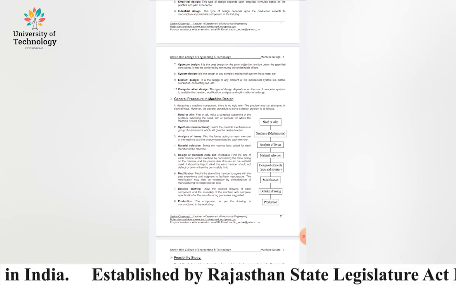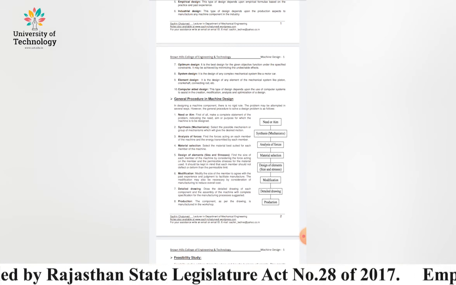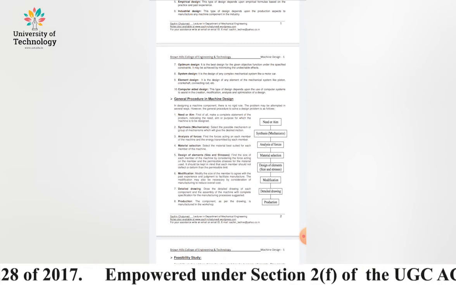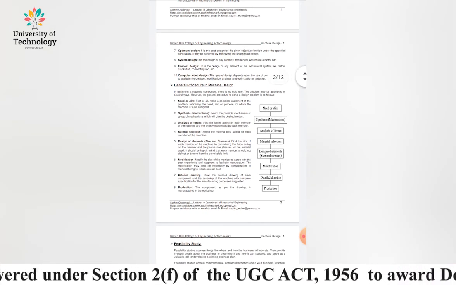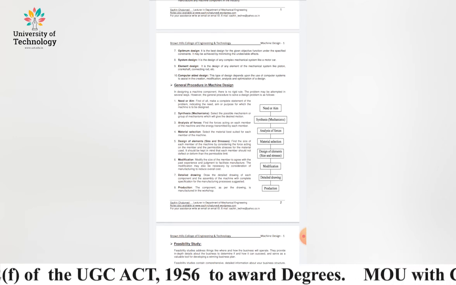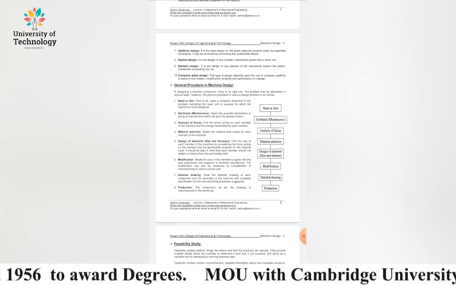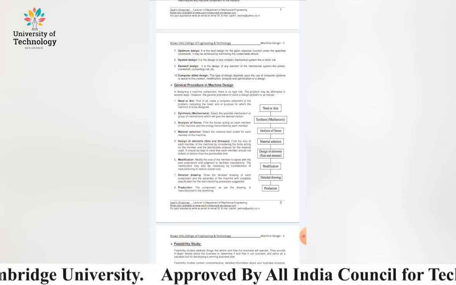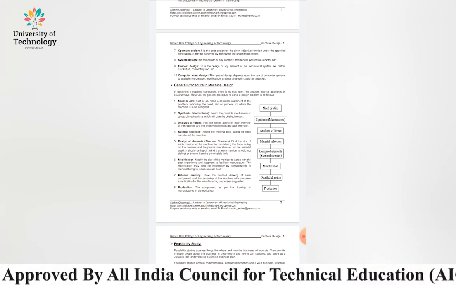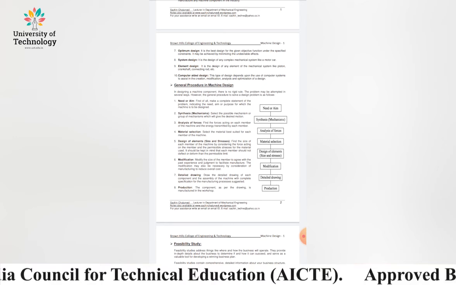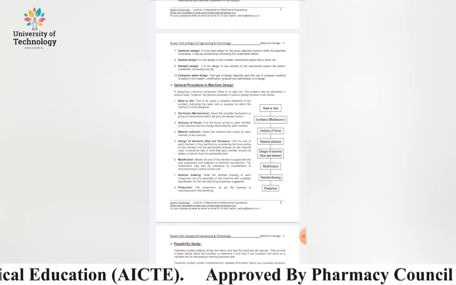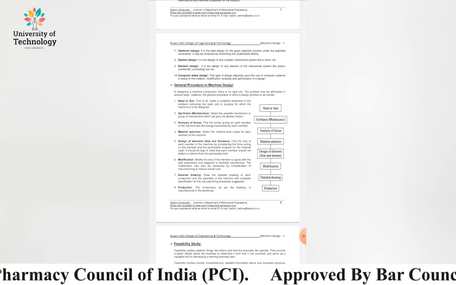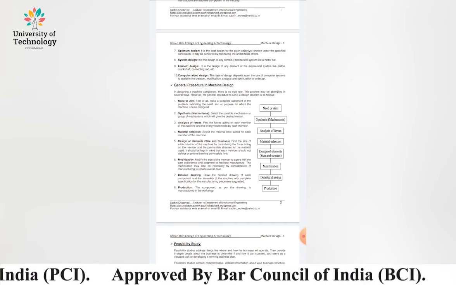And the next step is the design of elements, size and stresses. Find the size of each member of the machine by considering the force acting on the member and the permissible stresses for the material used. It should be kept in mind that each member should not deflect or deform more than the permissible limit. Next is the modification.